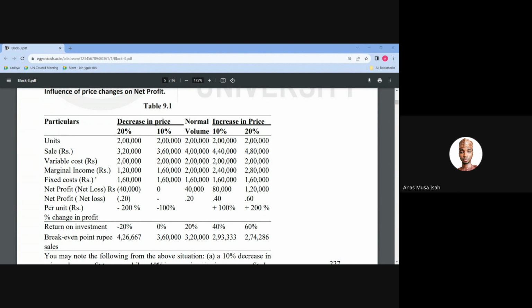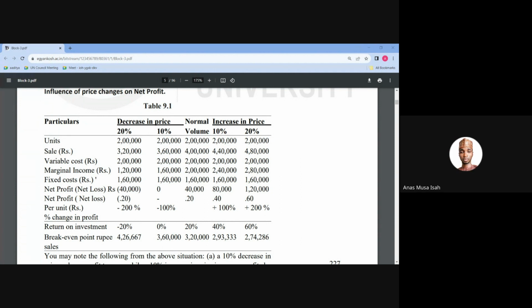But now I think I understand it, because what I understand is from the sale we can get the marginal income by subtracting the variable cost, which includes the raw materials, among other things that we use.